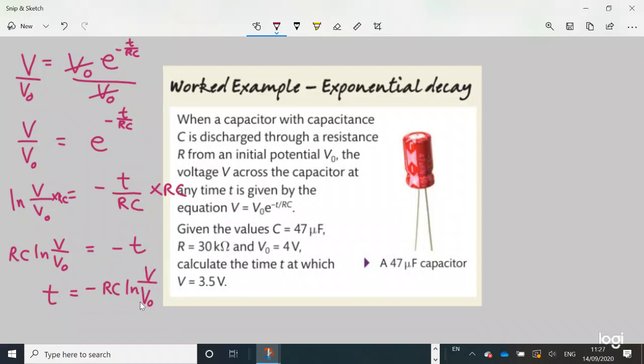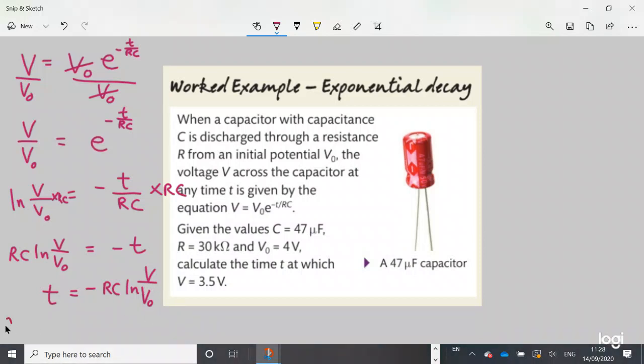That means somewhere along the line there must be a term that is negative, that makes the minus turn plus. It can't be RC, since R and C are positive values. So whatever happens after you do the ln of V over V naught, it should give you a negative answer, in order to turn the minus into a positive. So go ahead and do that for me. Does ln V over V naught give you a negative value?